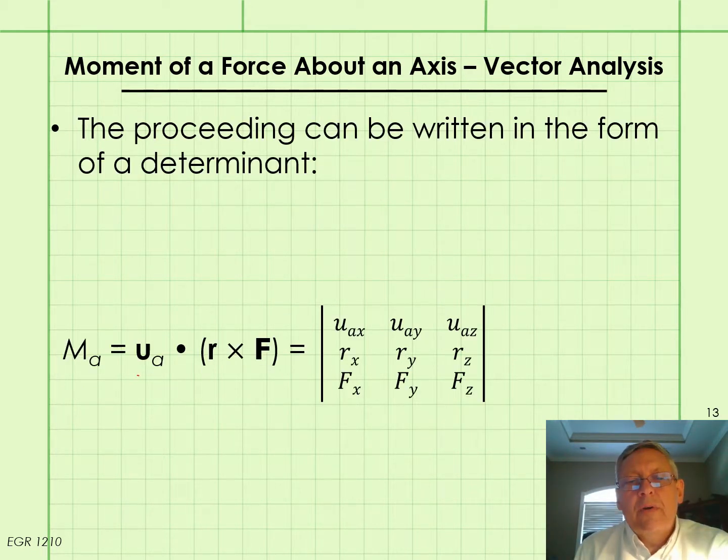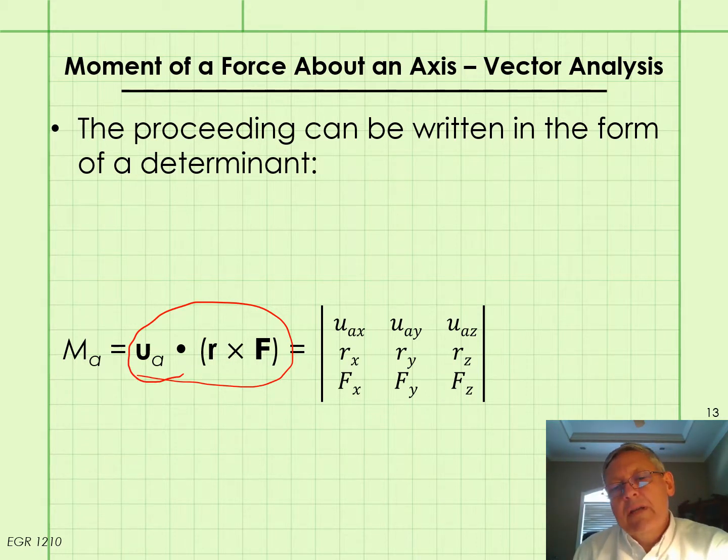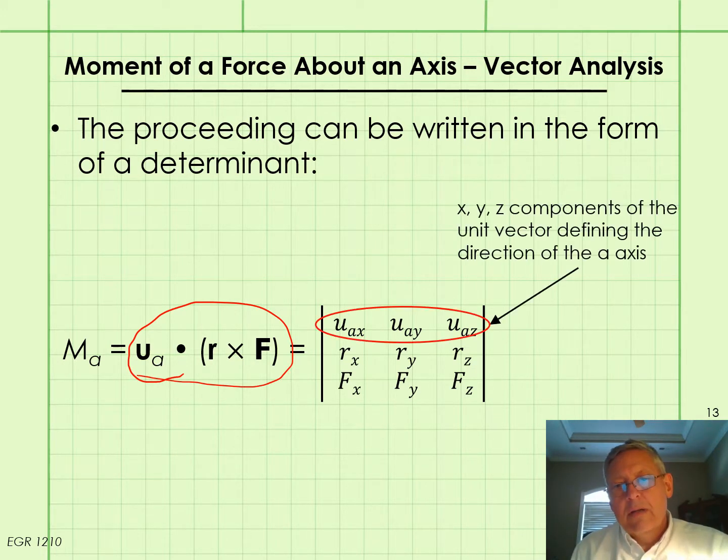We can also write this expression here in terms of a single determinant, where the first row of the determinant is going to be the x, y, z components of the unit vector that we're using.